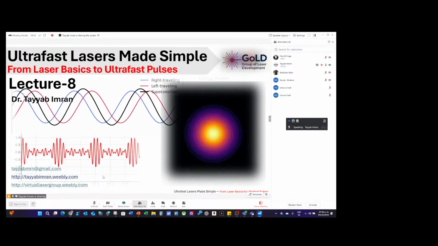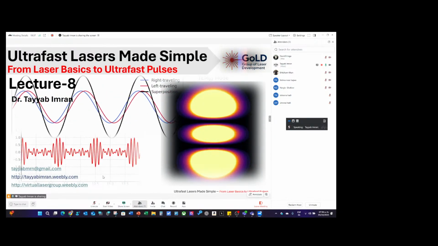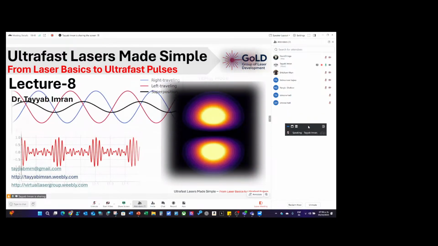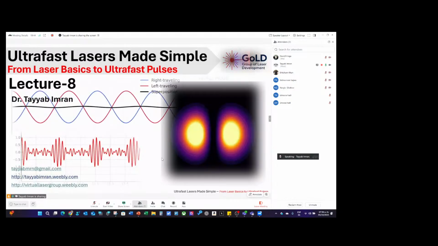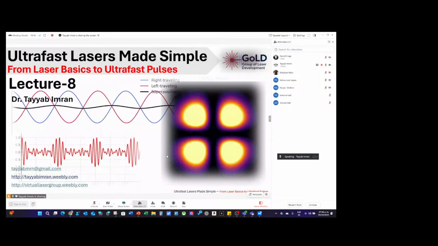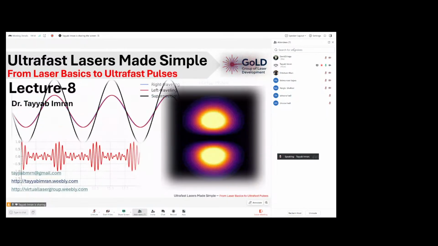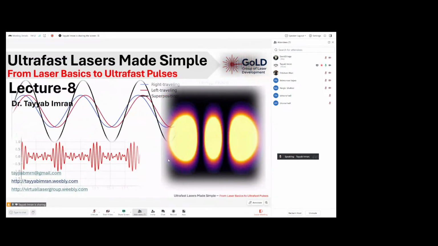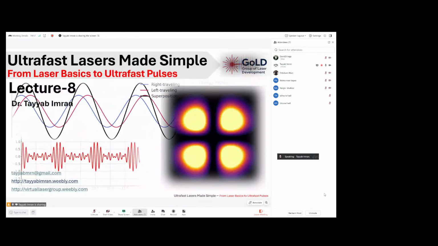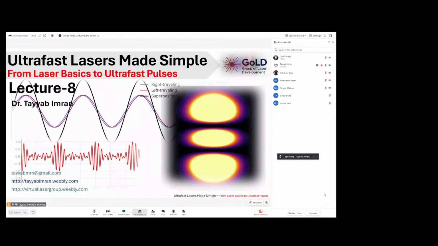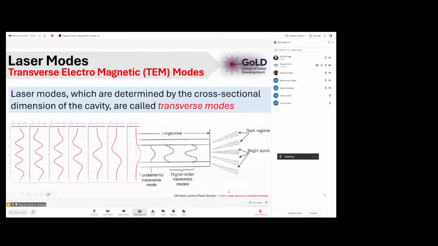Okay, so what do you see here? These are another kind of modes, especially on the right side of the screen. We call them transverse electromagnetic modes. Today we are going to study these modes and see what they are.